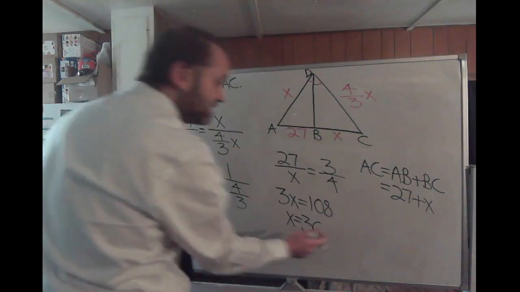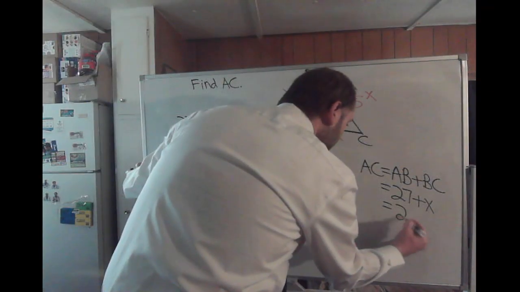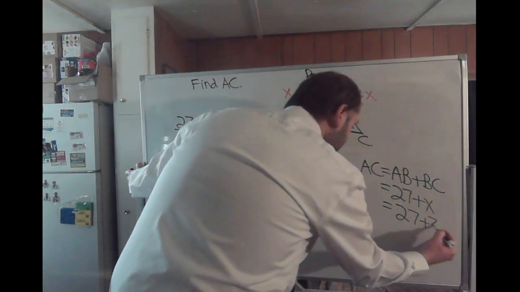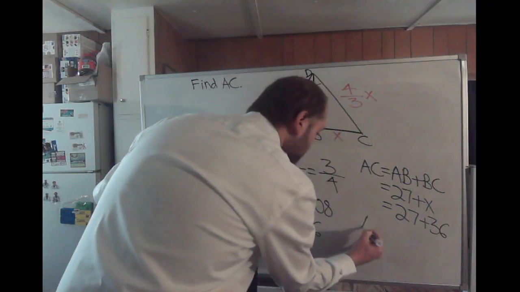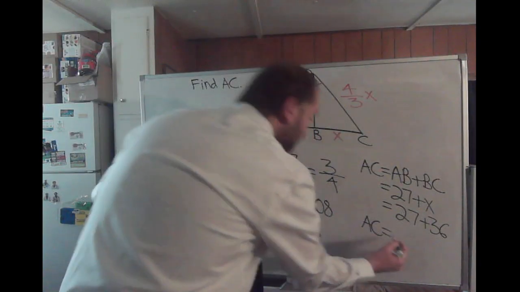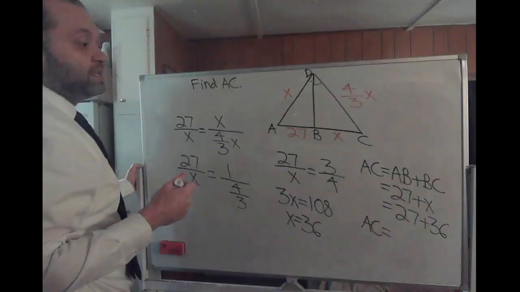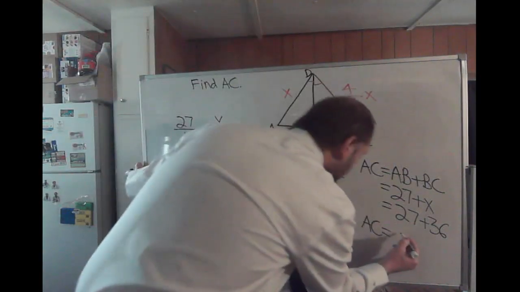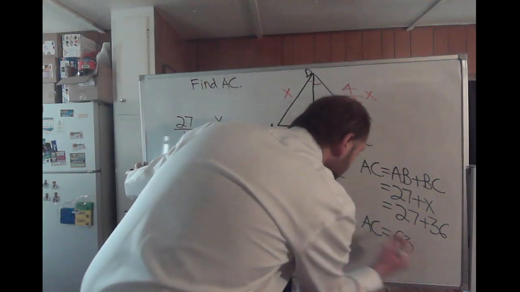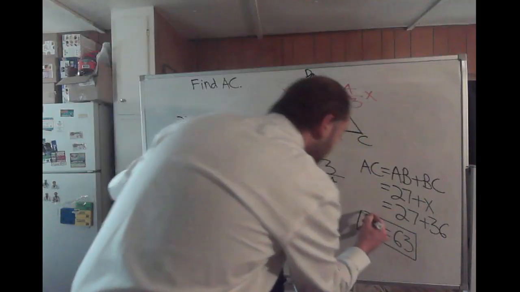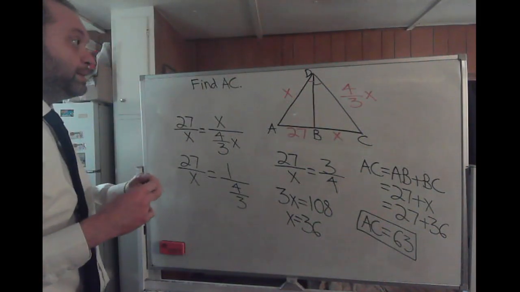We just got x being 36, so that's equal to 27 plus 36. So the whole length of AC, if we do 27 plus 36, that would be what, 63. So the whole length of AC would have a length of 63.